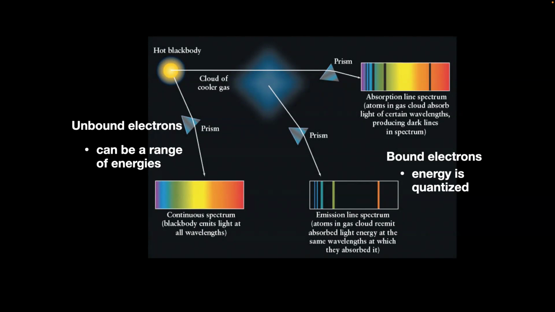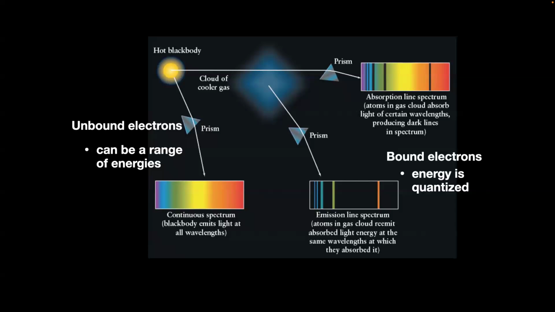So in sources like a light bulb or the sun or even glowing metal, the electrons are unbound, right? There are no defined states, so the electron can be excited or de-excited to a range of energies. What you're seeing is basically a distribution of photons.